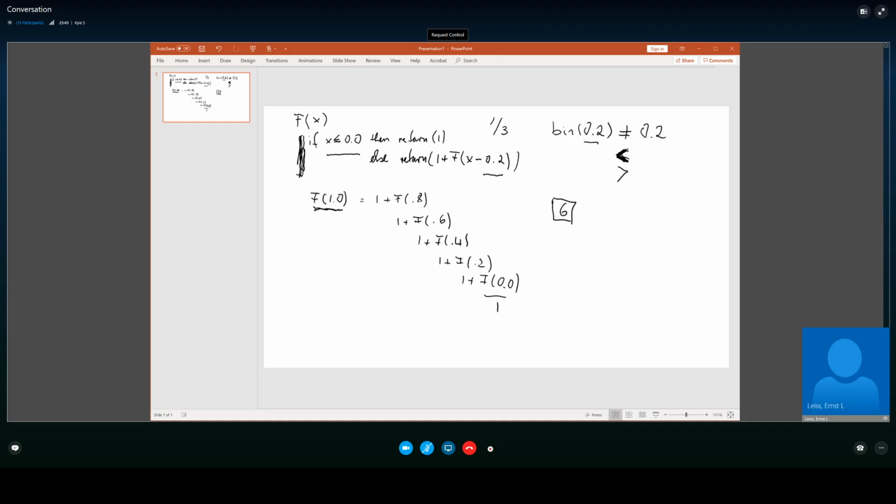Well, in that case, instead of 0.8 here, we're going to get something that is a little bigger than 0.8.